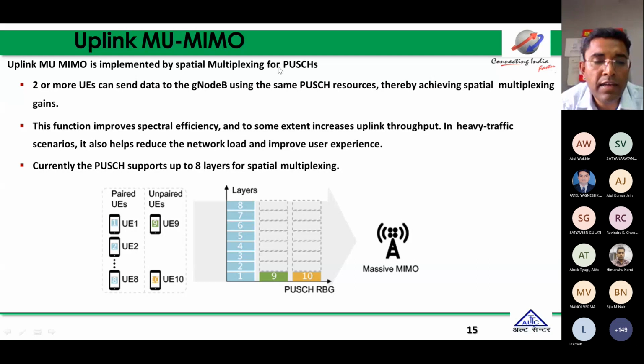Paired means the gNodeB checks whether they are spatially separated or not, then allocates the same frequency time domain resource to all the 8 UEs. So the maximum supported level for uplink multi-user MIMO is 8 layers. In future maybe more than 8, but currently it is 8 layers for spatial multiplexing.